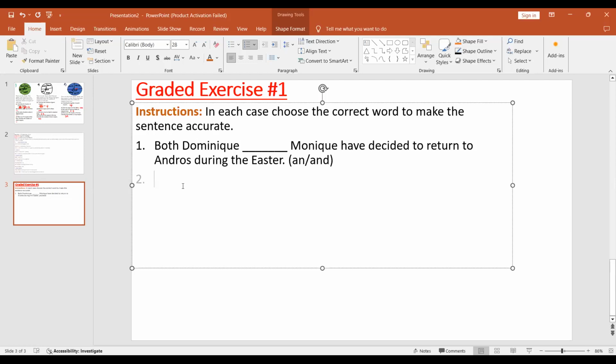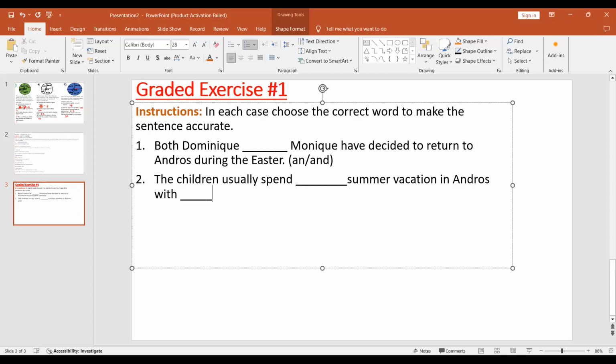Number 2. The children usually spend blank summer vacation in Andros with blank grandparents.